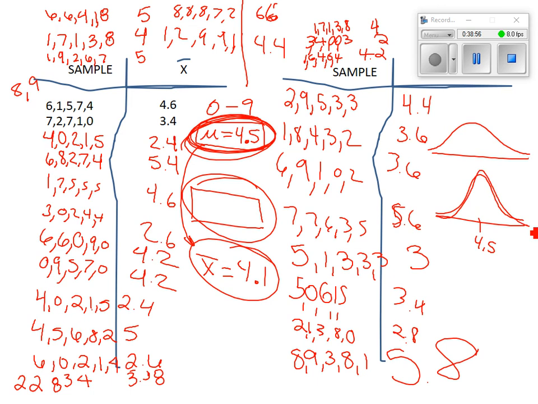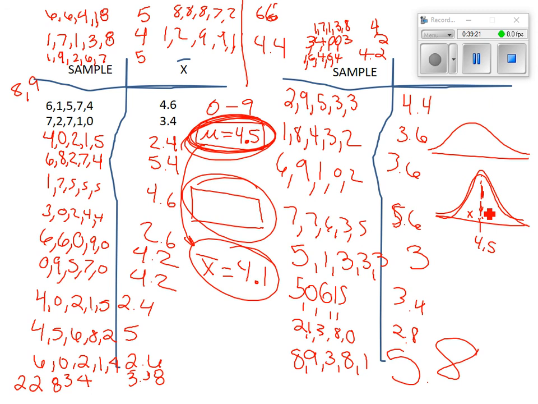Because what we're saying here is, when we did ours, we ended up here, a little short of 4.5. But the more and more we do this, the closer and closer we're going to get to the mean of the population every time.